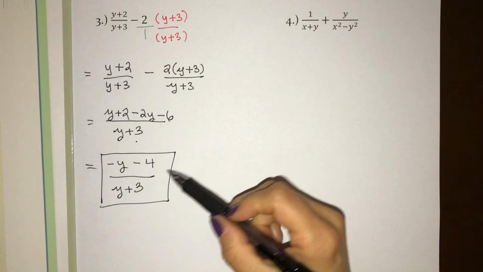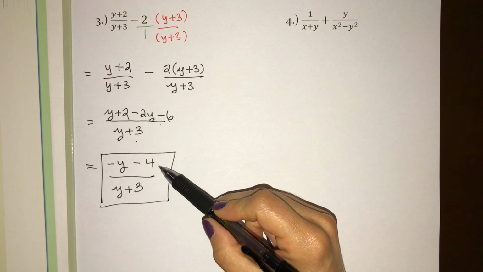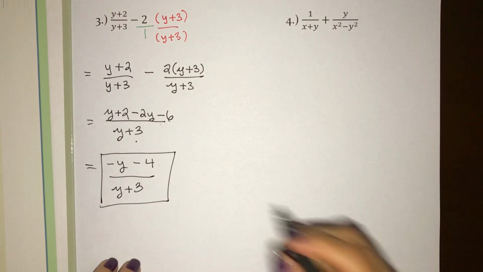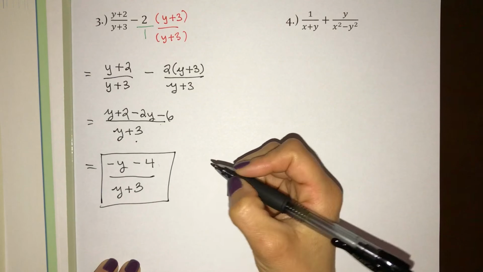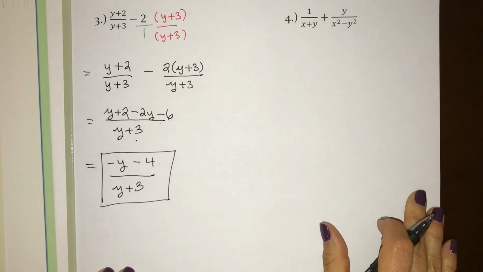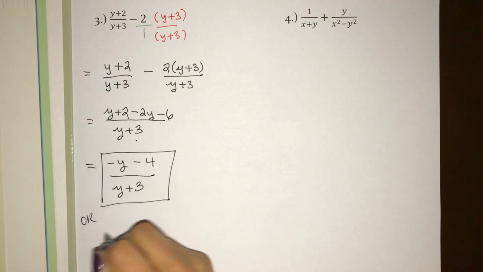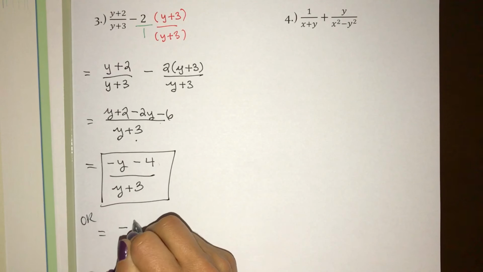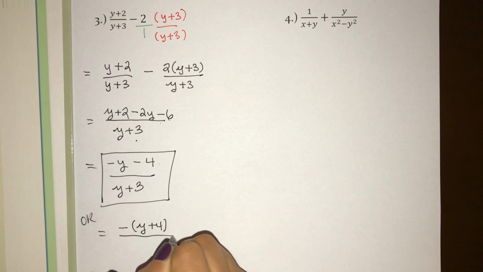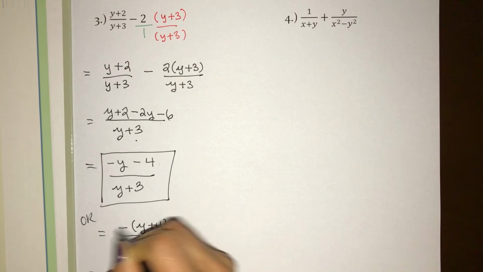Please notice that you can factor out a -1 from the numerator. And so if you do decide to do that, then you can write your answer a few different ways. So be aware of that. You can also write your answer where you write it this way. So we're factoring out -1, and we can write our answer this way.